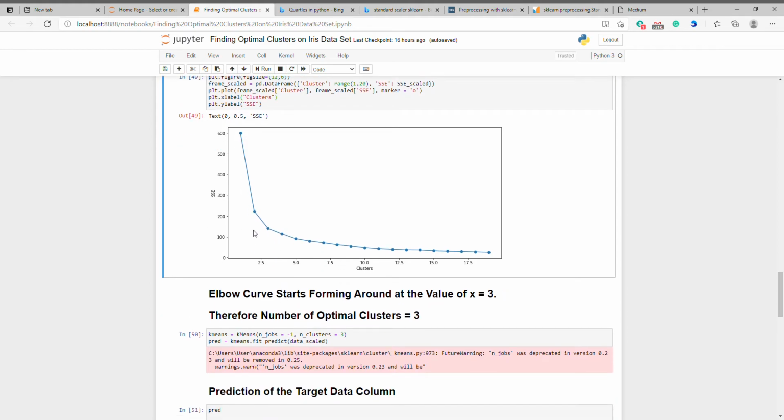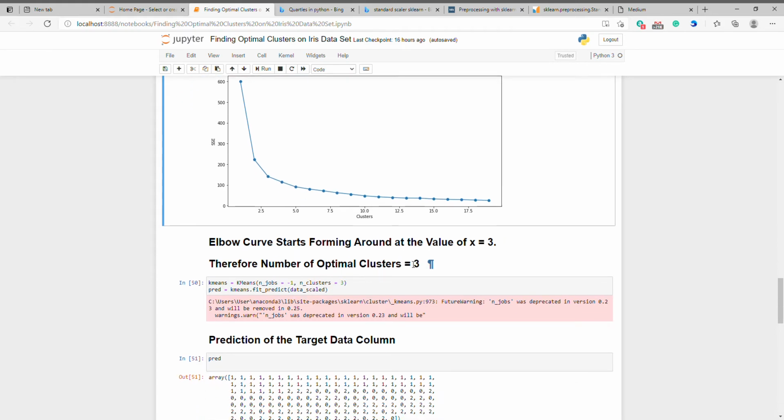So here I found that for x equal to 3, the y value will range from 100 to 200. Basically it will give me a value certainly above 100. Since at this point the elbow curve starts forming, I choose the value x equal to 3.0 as my number of optimal clusters.